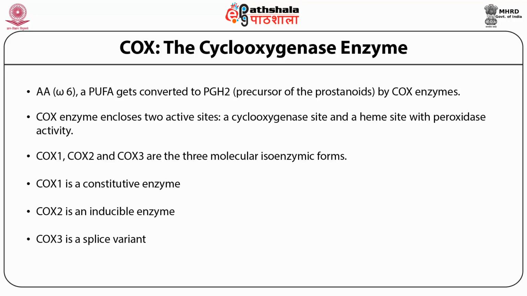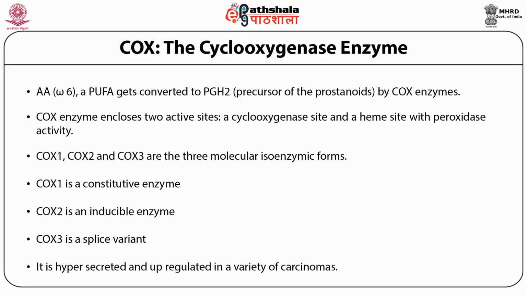Both cyclooxygenase 1 and 2, also known as prostaglandin HS1 and prostaglandin HS2, act principally in a similar mode. However, selective inhibition can create a distinction in terms of side effects.